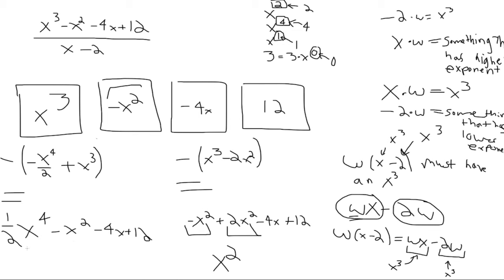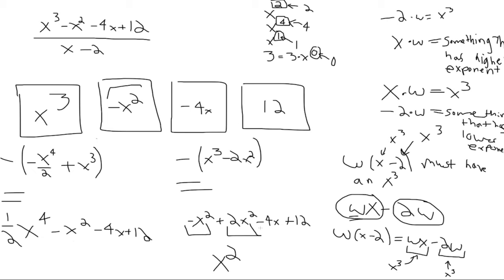Over here, we've added a whole new term. So it has made things more difficult because now we have to get rid of this term. And we're never going to finish if we just keep choosing that lower exponent term to multiply by w to equal x cubed.